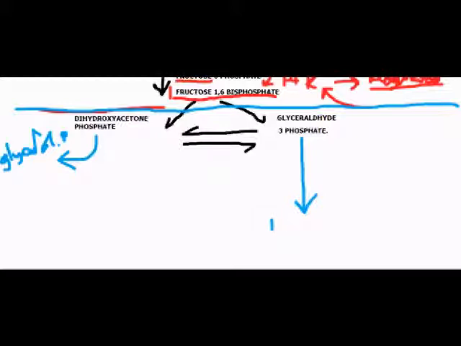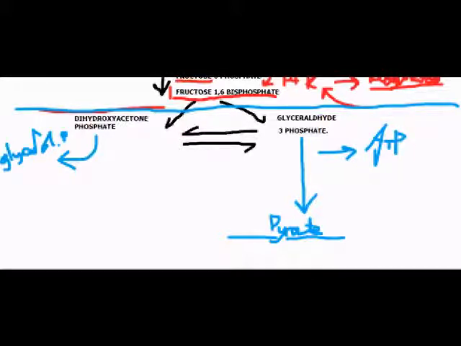Glyceraldehyde 3-phosphate, on the other hand, will undergo a series of reactions, where it will finally form pyruvate at the bottom of the glycolysis. There are a number of other steps as well which are quite significant.